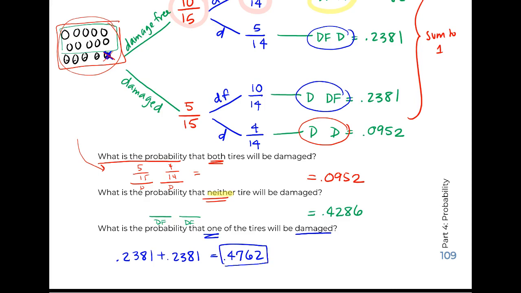But the way I would do this from scratch, again, 2 different things are happening. 1 is damaged, so I'll go ahead and get that first. If only 1 is damaged, that means the other one must be damage free. However, this is not the only way this could happen. I could have switched the places of these. So I'm going to do a multiplier of 2 out in front when I do this actual math.